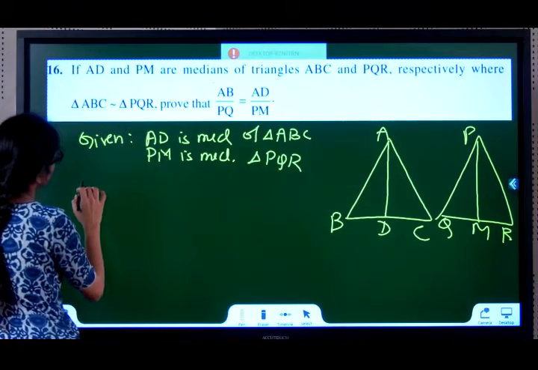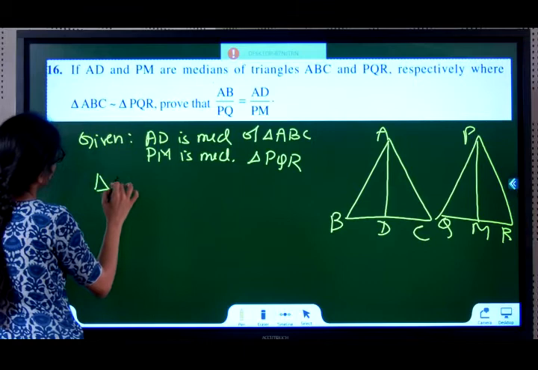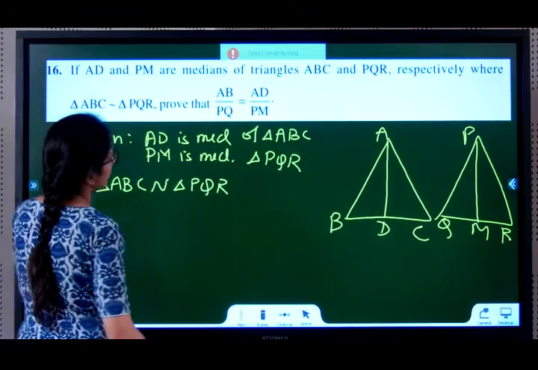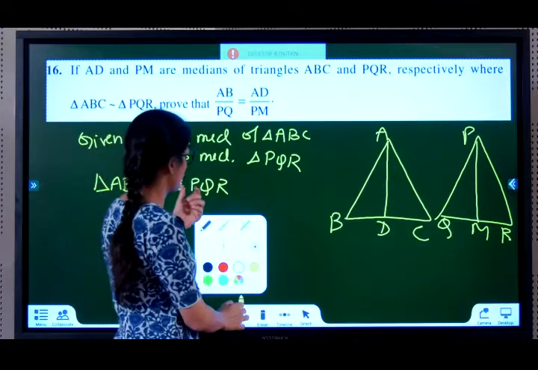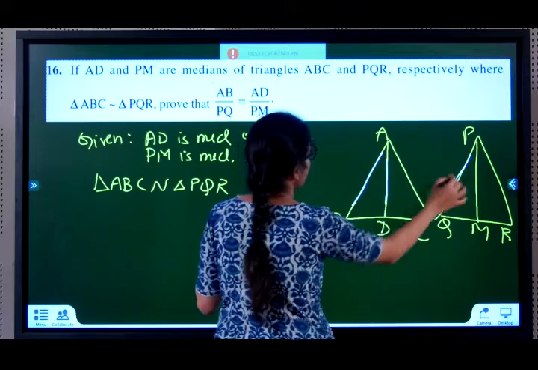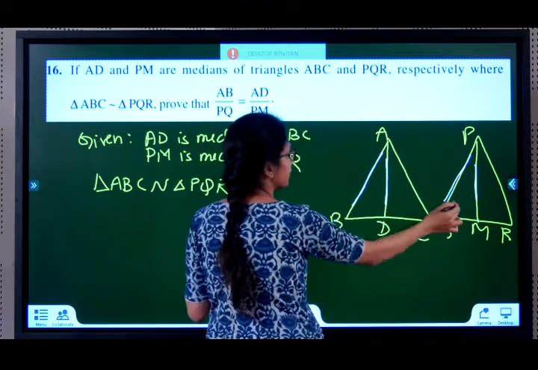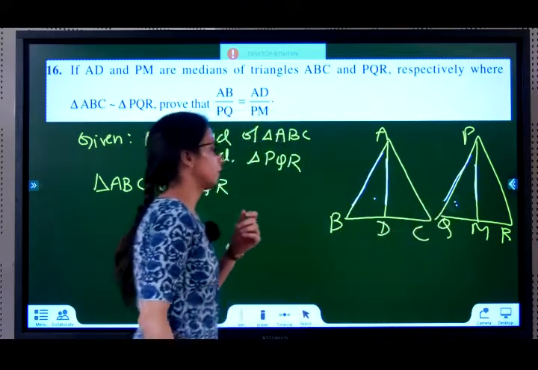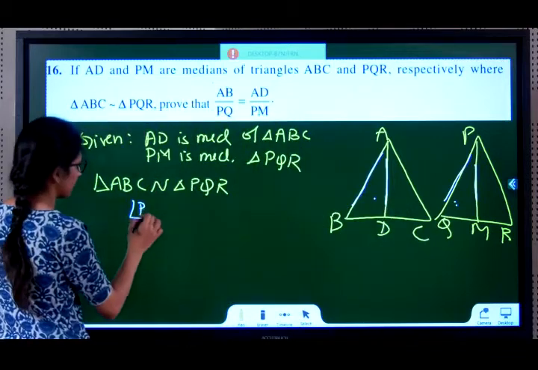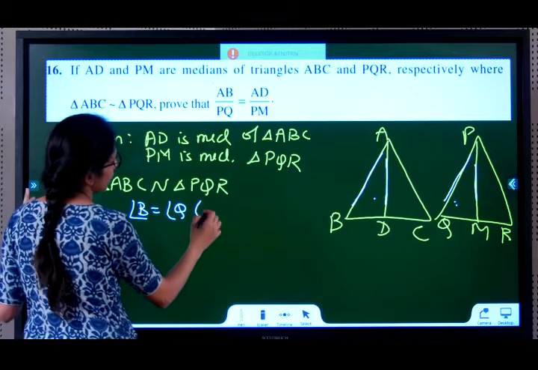Next thing that they have given you is triangle ABC is similar to triangle PQR. See, they want AB, PQ, AD, PM. So I basically want to take this and this triangle. So I have to use B equals Q. Okay, so I will say angle B equals angle Q. Why?